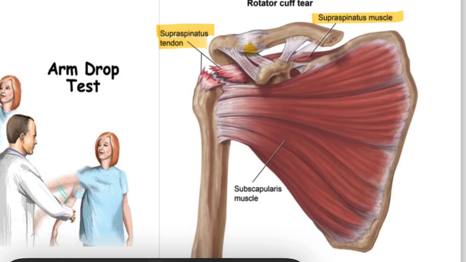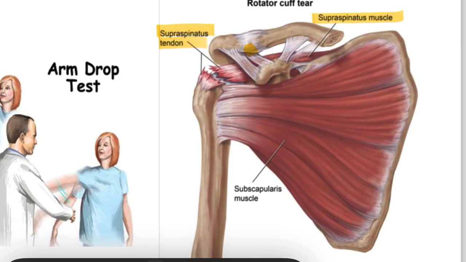Because of that space, while moving the hand, doing abduction and adduction, the supraspinatus will go in between that space of the acromioclavicular joint. Then we can see some impingement.